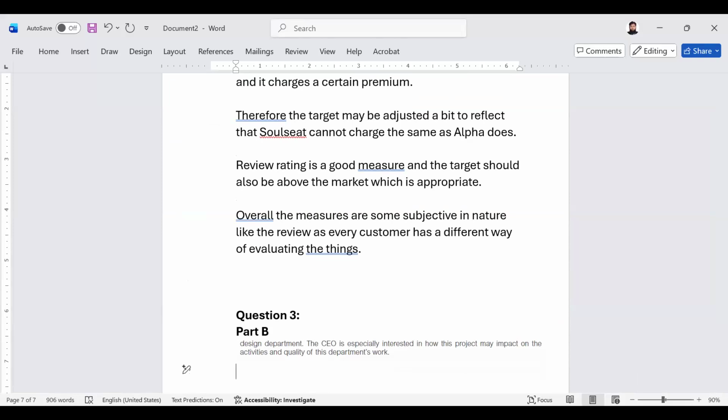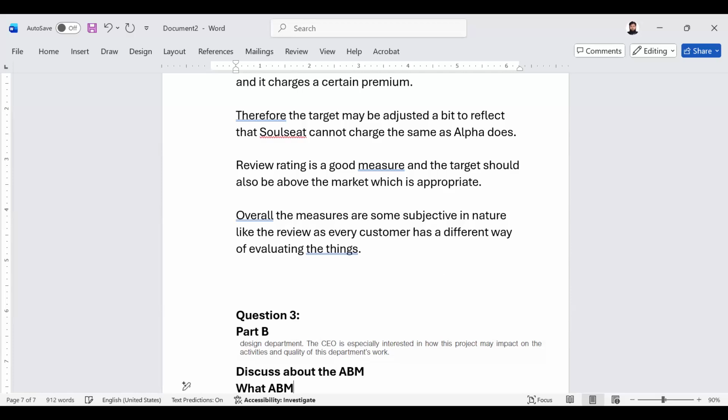We need to decide how exactly are we going to create an answer to this specific question. So what you need to do is first of all create a background about the ABM. Discuss about the ABM, the activity based management.